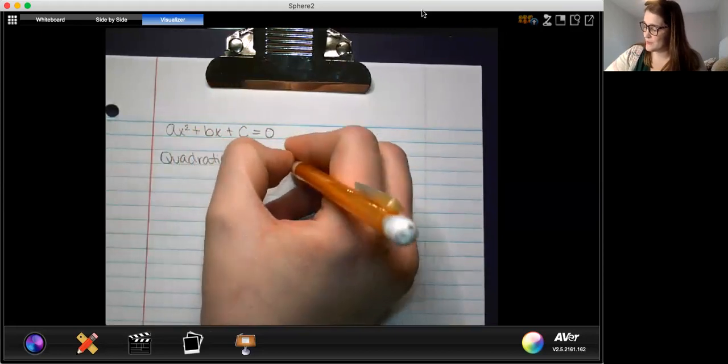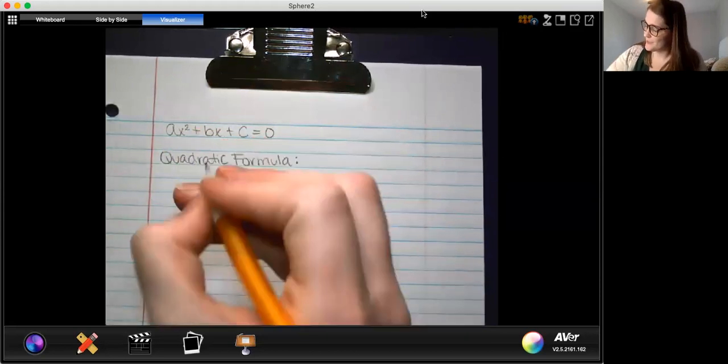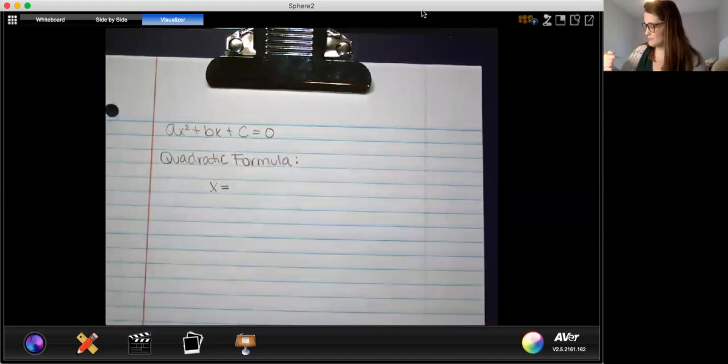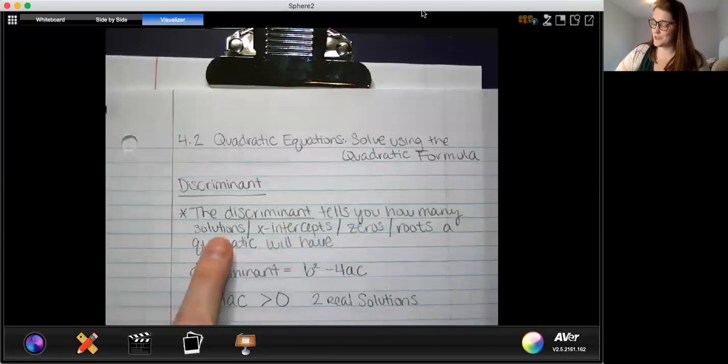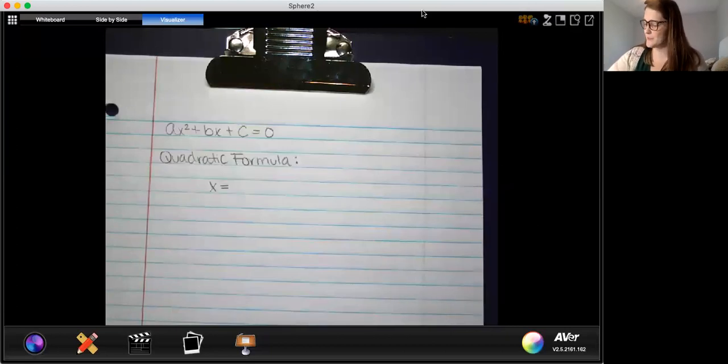Now I'm just going to simply write it this time, but then I will sing it for you. So it is x equals, remember that x-intercepts, solutions, they all mean the same thing. So when I say x equals, that's where that comes from.